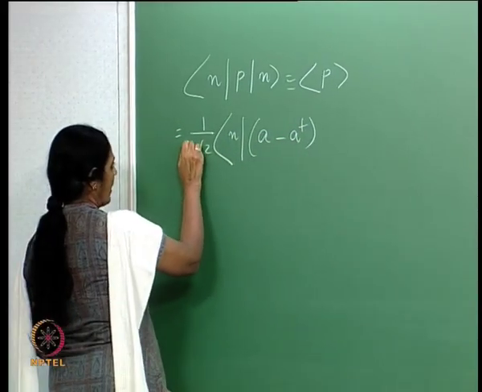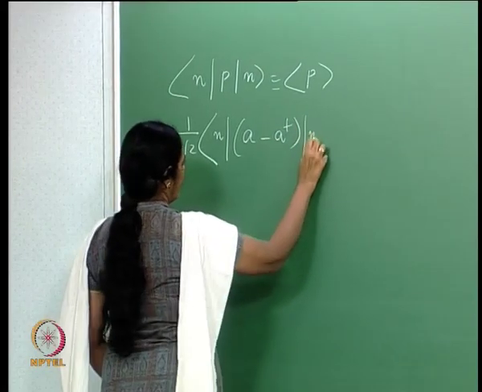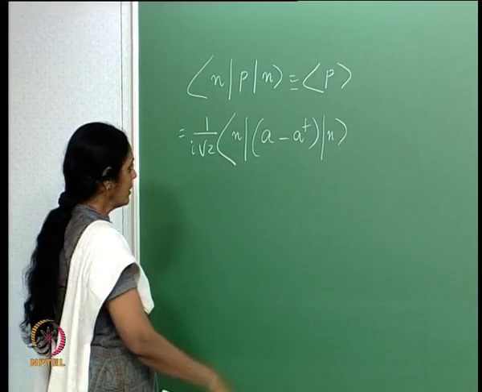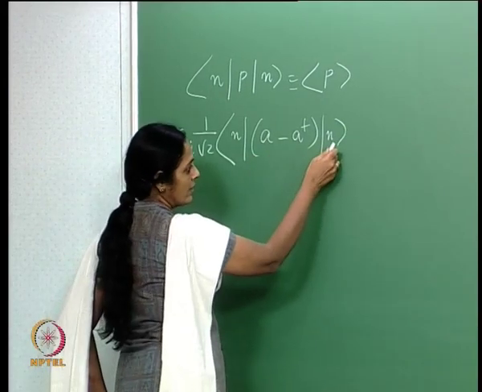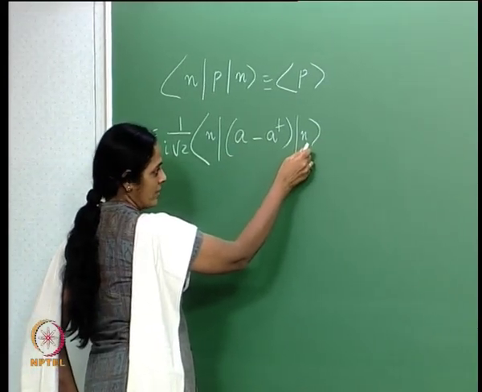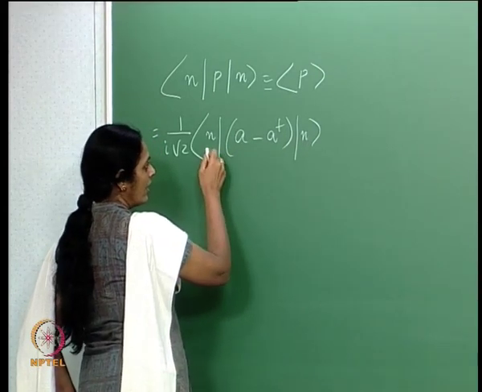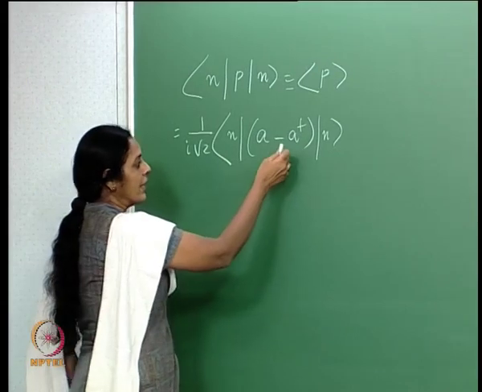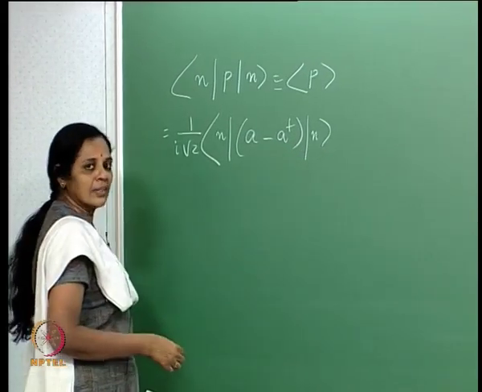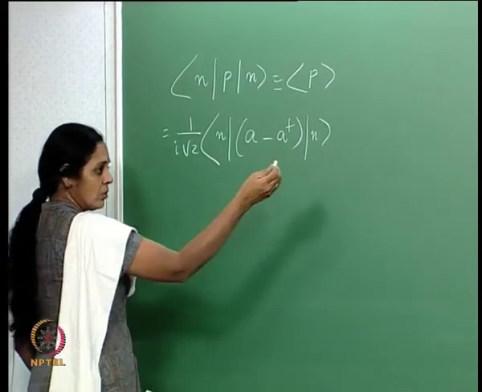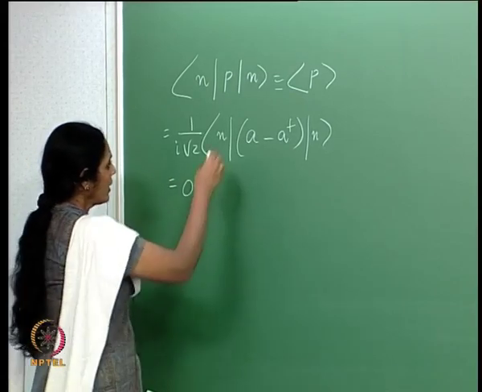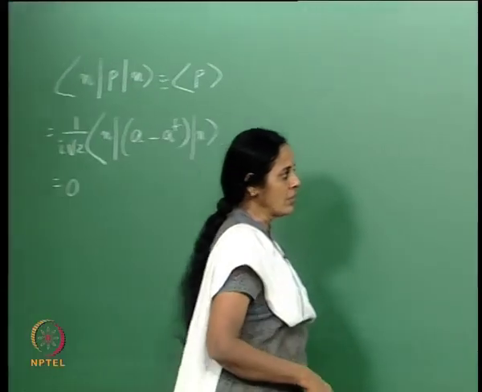There is also an i. Once more I use the same argument. a acts on |n> to lower it to n minus 1, but ket n is orthogonal to ket n minus 1. Similarly, a dagger raises this to n plus 1, and the second term also is 0. I use the same arguments as I used earlier, and therefore expectation value of p is 0.